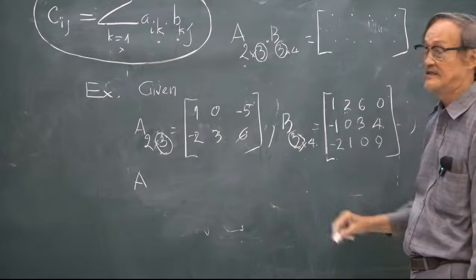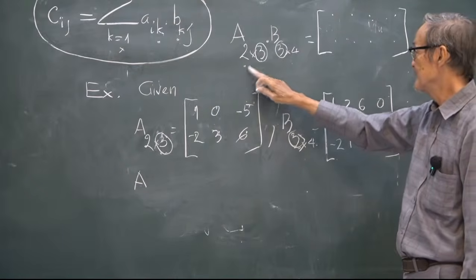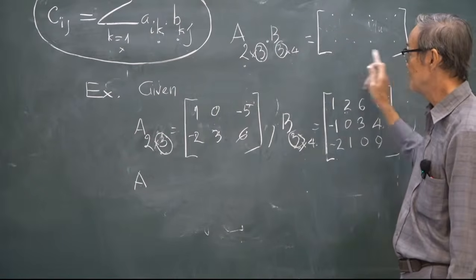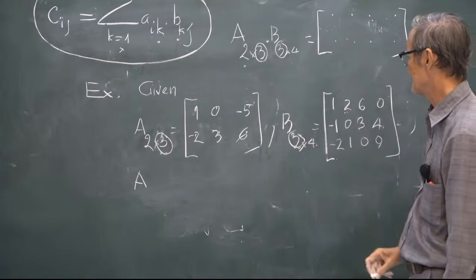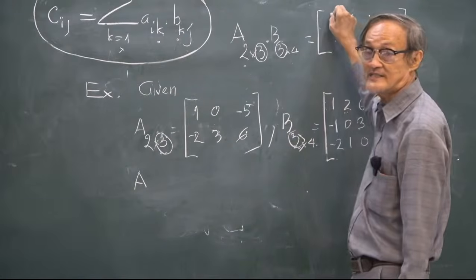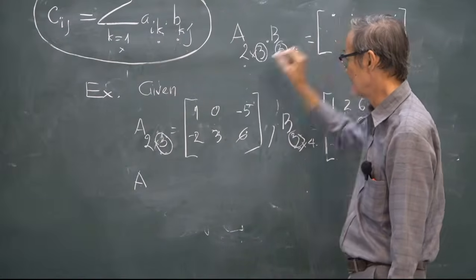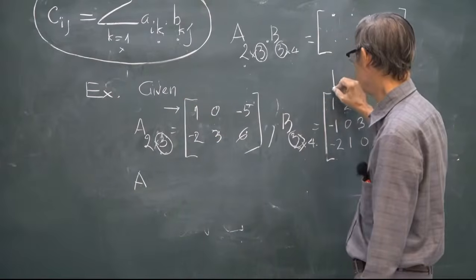Okay. The rows of the result are the rows of the first matrix. The columns of the result are the columns of the second matrix.